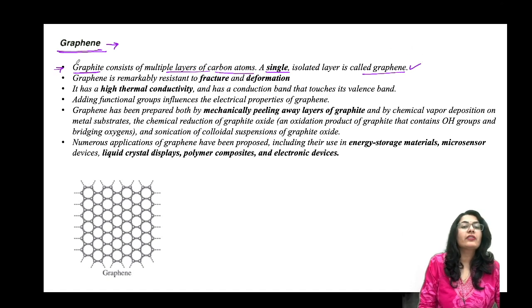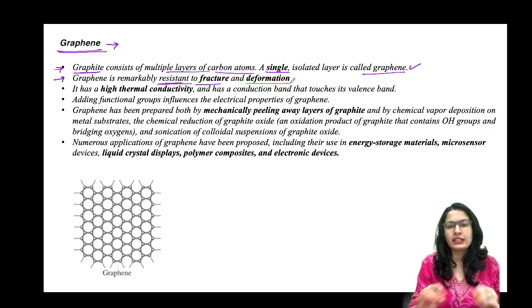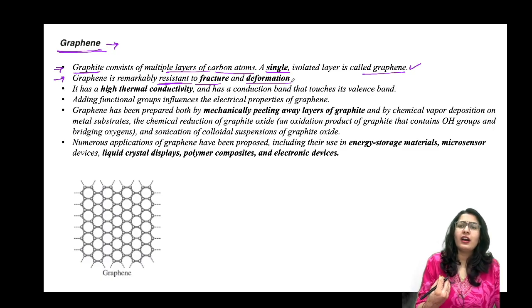Okay, graphene is remarkably resistant to fracture and deformation. You might think it's a very thin layer, it might be very weak, but no, it is resistant to fracture. It is very strong and flexible.